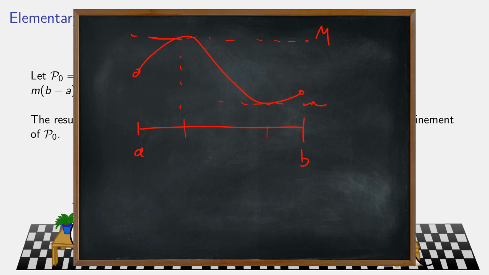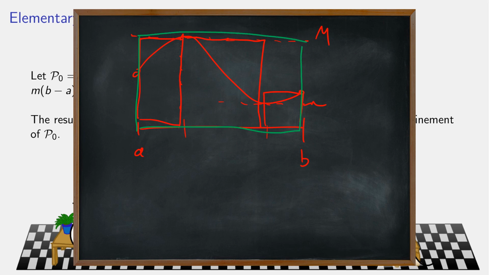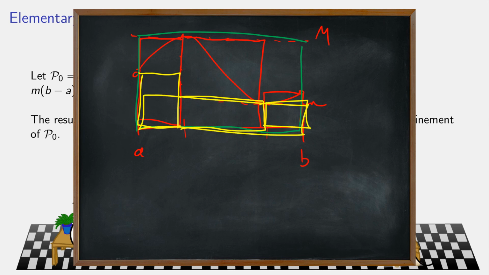Now if I make my supremums, I will be still not larger than if I had just used capital M times b minus a. And if I were to use the infimums on each piece, I would not be smaller than if I had just done little m times b minus a.